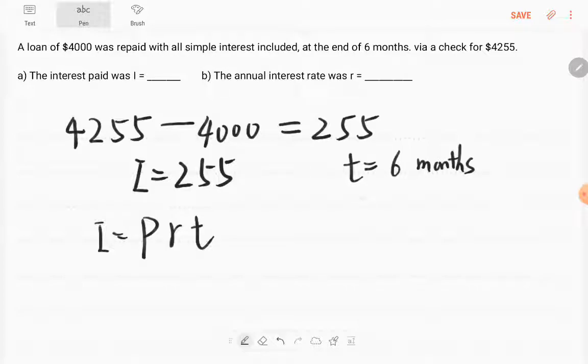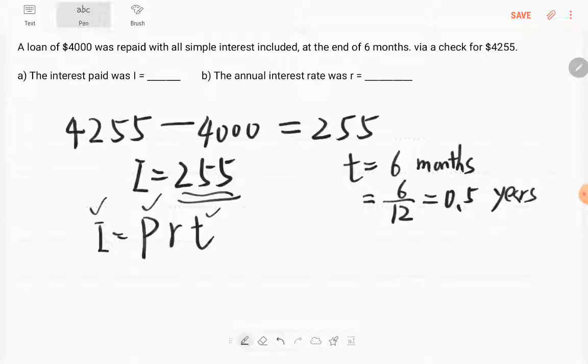We need to convert to years, so it's 6 over 12 years, which is 0.5 years. So we have I is 255, the principal at the beginning is 4,000, and T is 0.5 years.